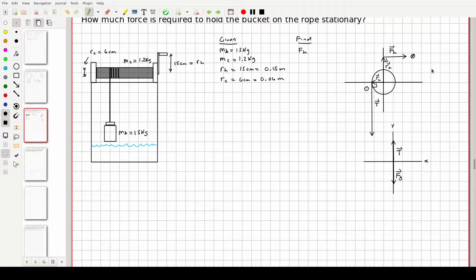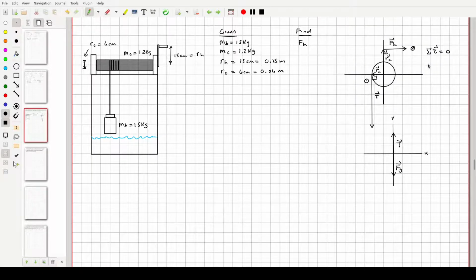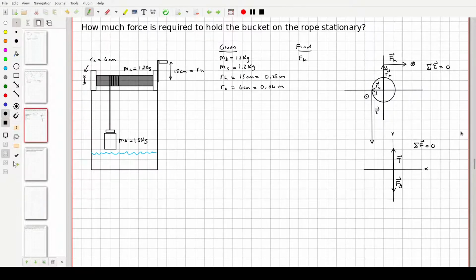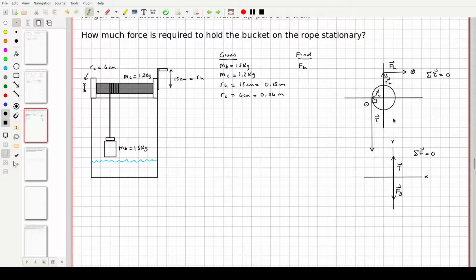So in this particular case, we expect to sum up the torques. Okay, and since it's being held at rest, the sum of the torque should equal 0. In this particular case, when we sum up the forces, the sum of the forces should equal 0. So these two conditions, plus it being at rest, is what you would officially call being in static equilibrium.